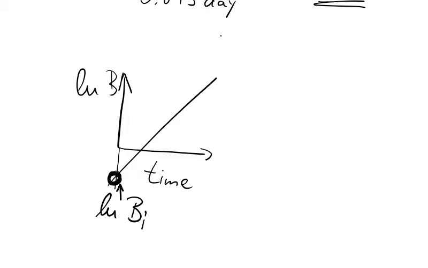You are absolutely right. What is the gradient? You're absolutely right. The gradient in this case is R, our growth rate.